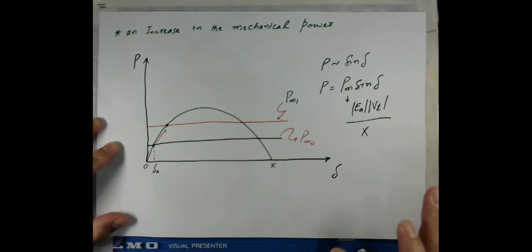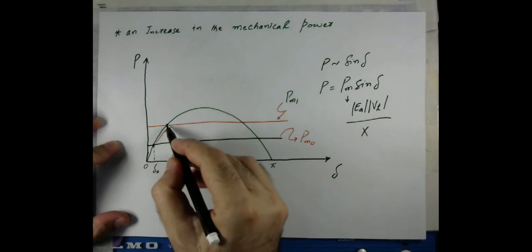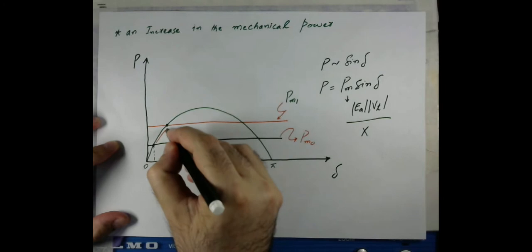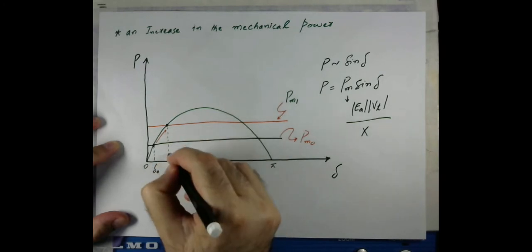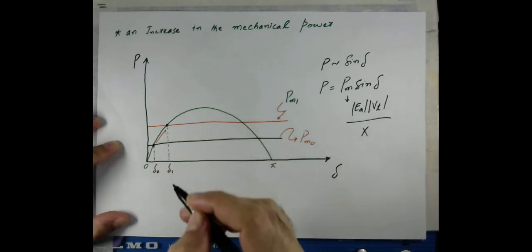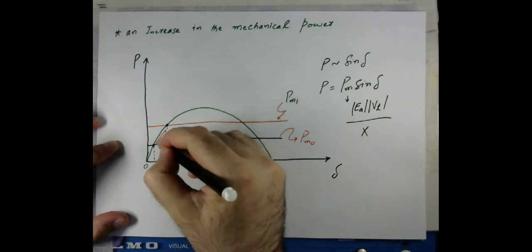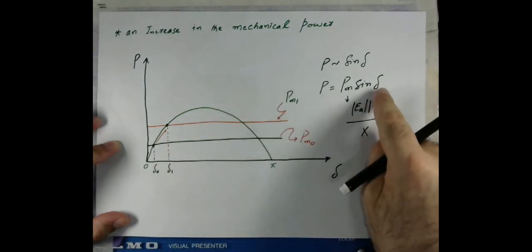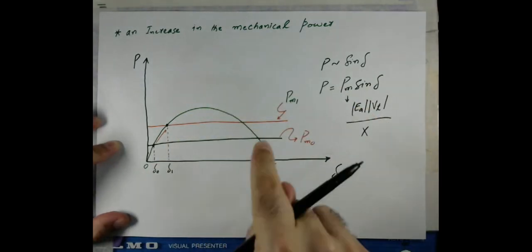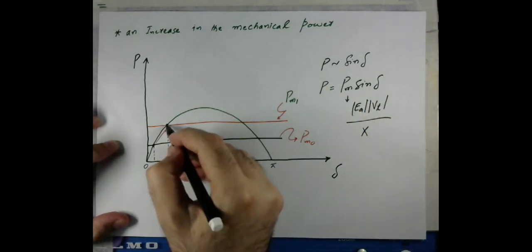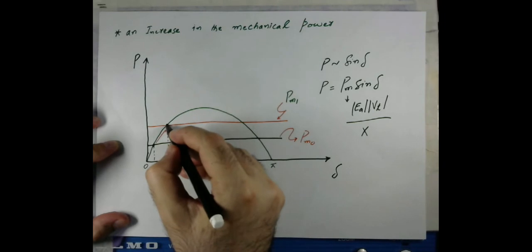As the angle advances, at this point we call the angle delta 1. Because of the relative velocity the angle has increased, there is an increase in the electrical power, and at this particular point the speed of the machine is above synchronous speed.